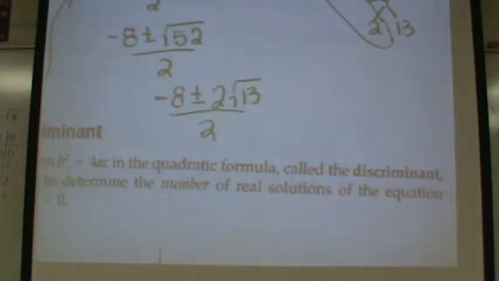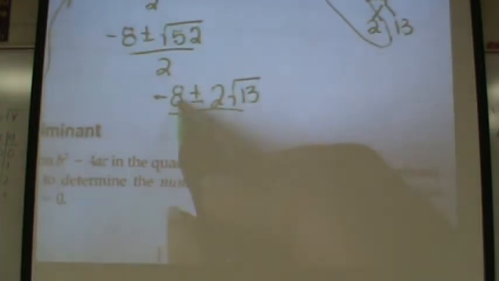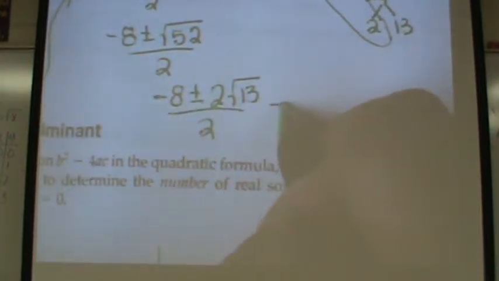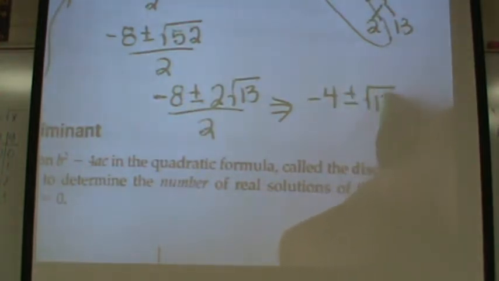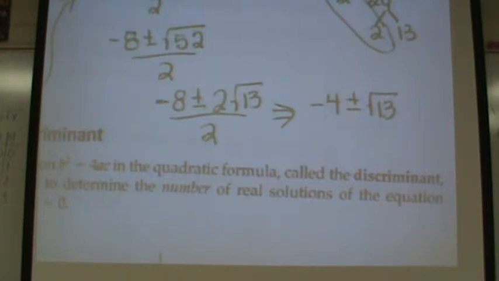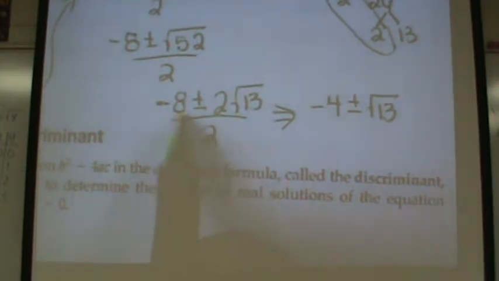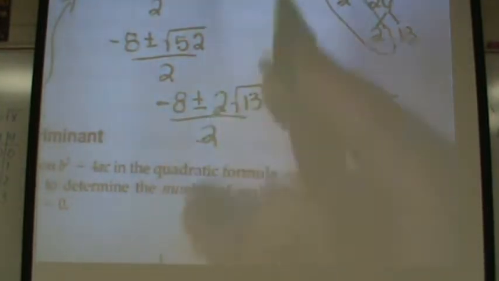And now, this is where you guys struggle, is simplifying this problem. How do you simplify it? 2 goes into -8 and 2 goes into 2. You have to do both. So the answer is -4 plus or minus root 13. The 2 has to go into both of them in order to cancel or reduce.